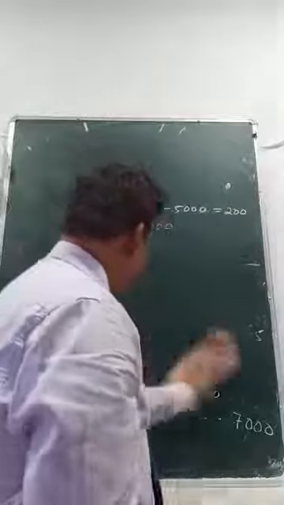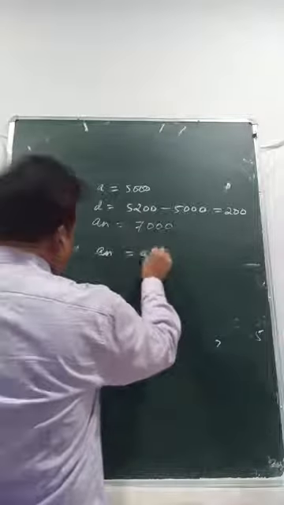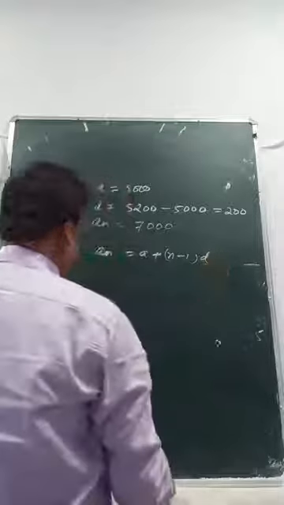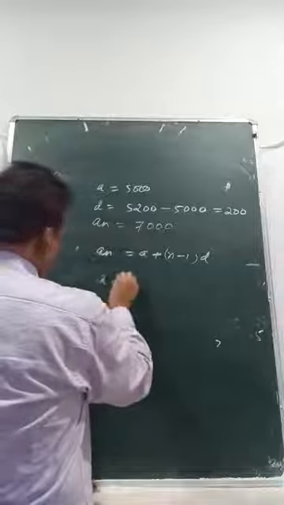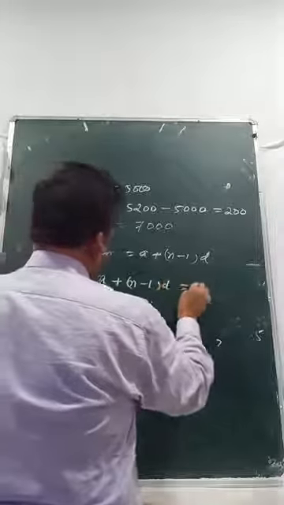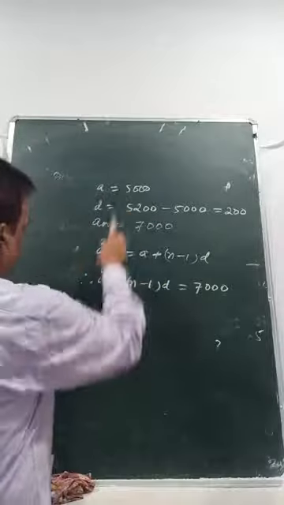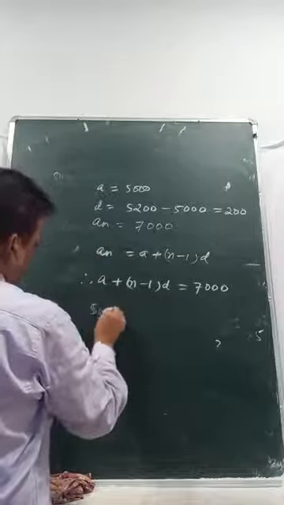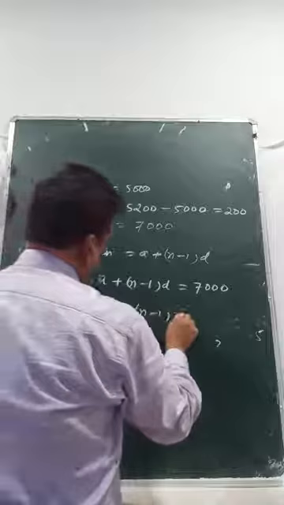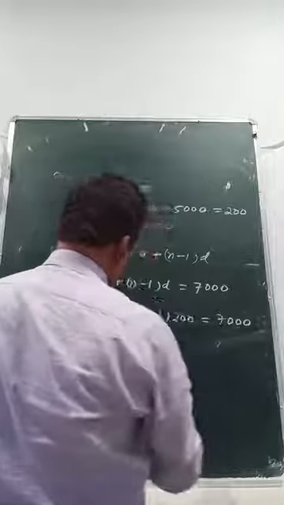Formula: An equals A plus n minus 1 into D. So A plus n minus 1 into D equals 7,000. In A put 5,000 plus n minus 1, D is 200, equals 7,000.